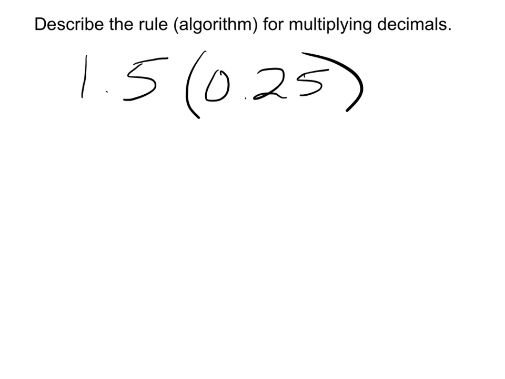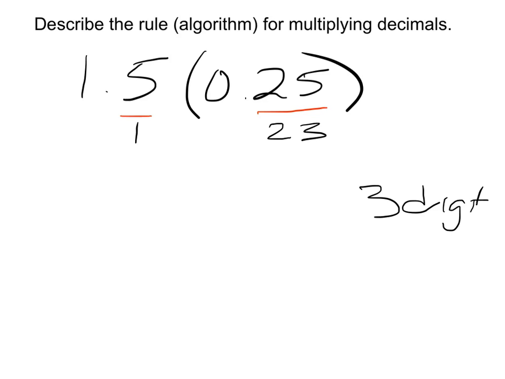Okay, so remember, what you're looking for is the number of digits that's to the right of the decimal in the original problem. So I have 1, 2, 3 digits to the right of the decimal. So in my answer, I should also have 3 digits to the right of the decimal.